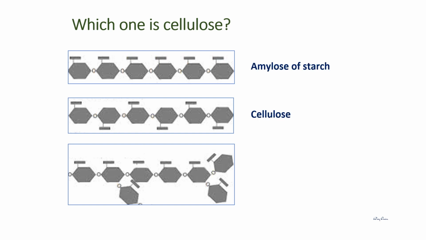So the answer will be the second strand. Because why? Only the second strand shows us that the location of the C6, carbon number 6, is upside down. Okay, the first one is above the plane of the ring structure, followed by the one below, and then they repeat the pattern.